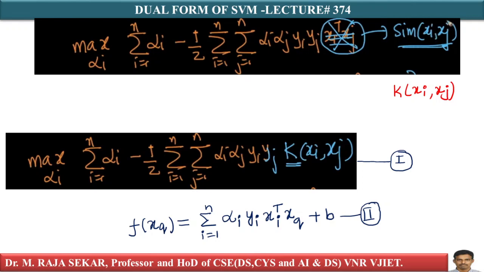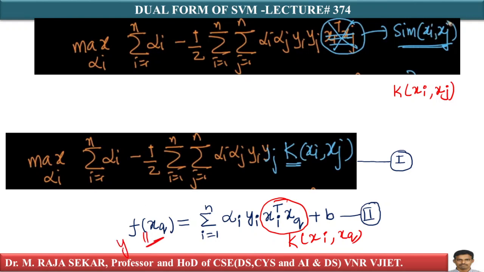F of xq is sigma I equal to 1 to n alpha I yi xi transpose xq plus b, isn't it? This xi transpose xq, I can write as k of xi comma xq, isn't it?